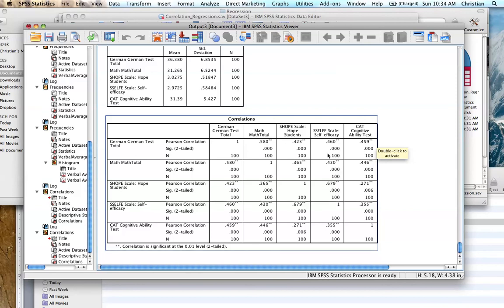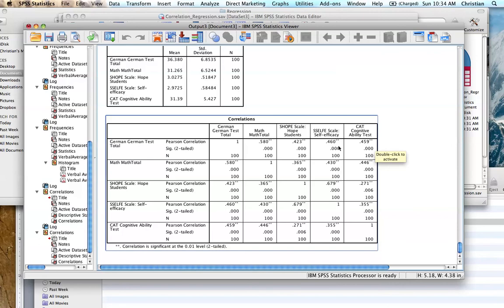So we see they're all highly significant, and we see German correlates the highest with math, then German correlates a little bit lower with hope, 0.42, then 0.46 with self-efficacy, and about 0.46 with the cognitive ability test. So we could say German correlates about as strongly with self-efficacy as with the cognitive ability test.